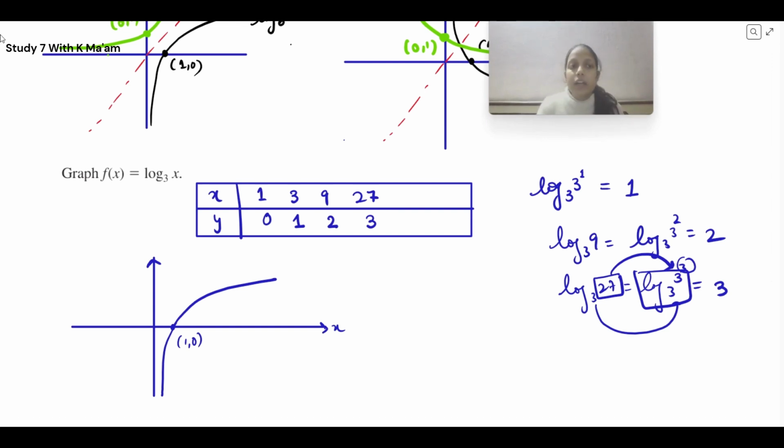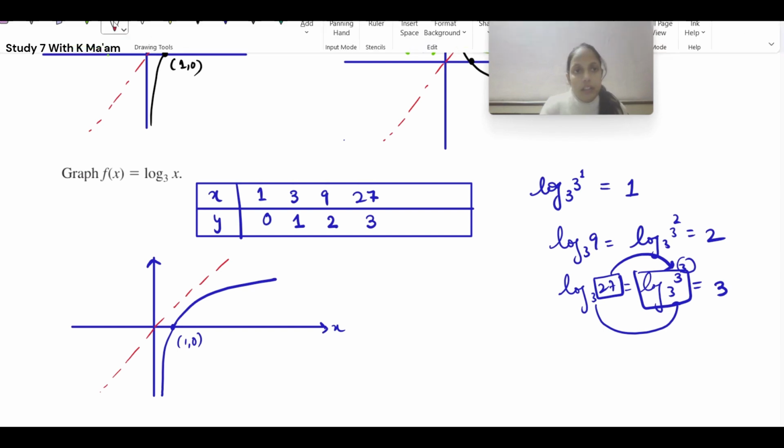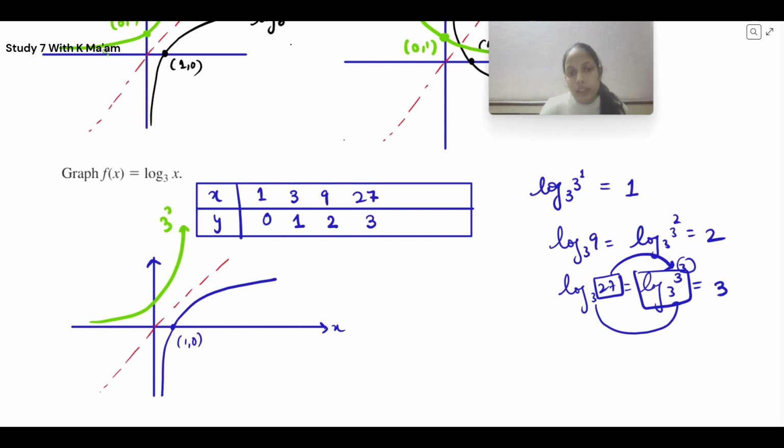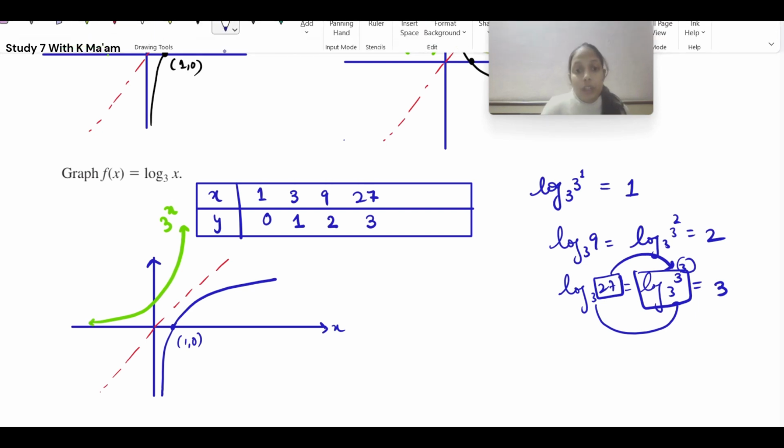Can you calculate the graph of its inverse? Let's see. I draw a dotted line, and the graph of this will be 3 power x. This is the graph of the inverse. If you find its inverse function, it will be 3 power x.